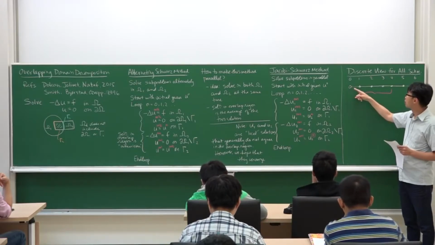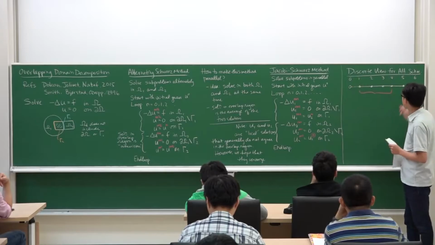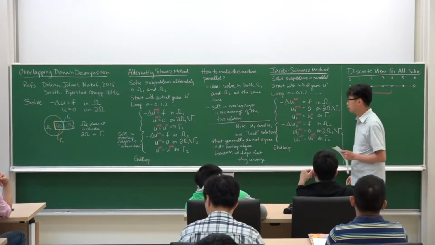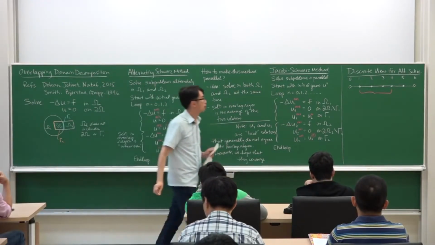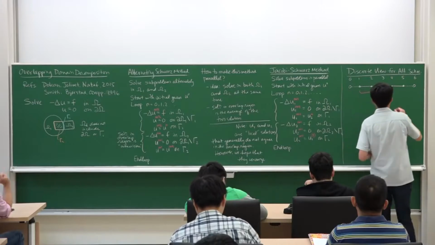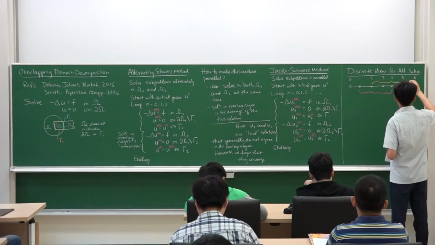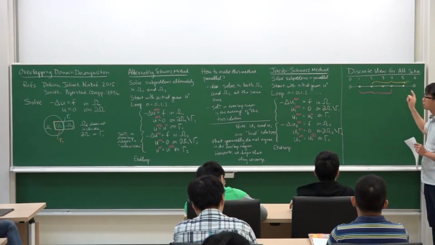Right? So I'm going to just ignore these points, points 0 and 6. So this is the first subdomain, and then the second subdomain is this one. Okay, so you can see that the subdomains overlap.